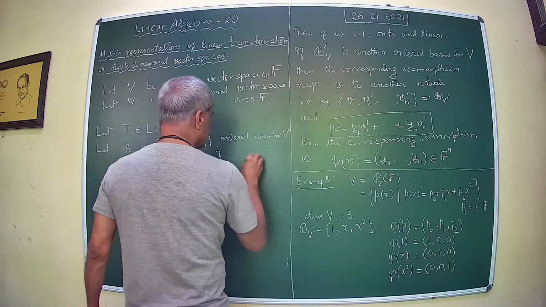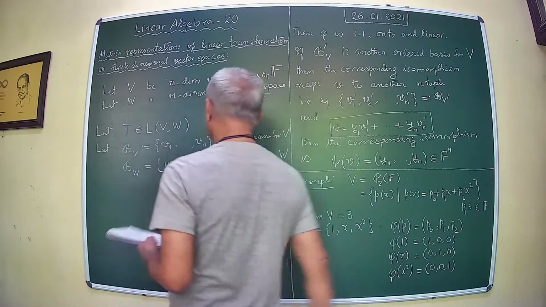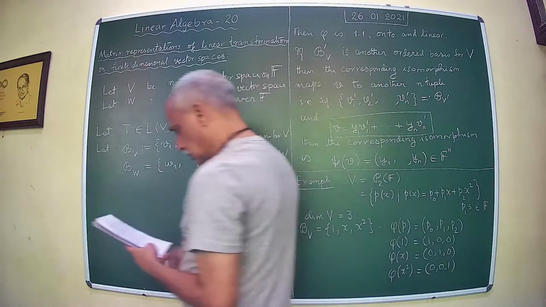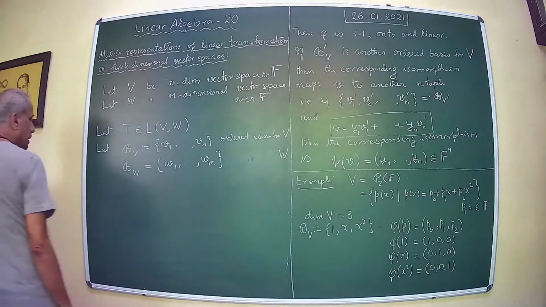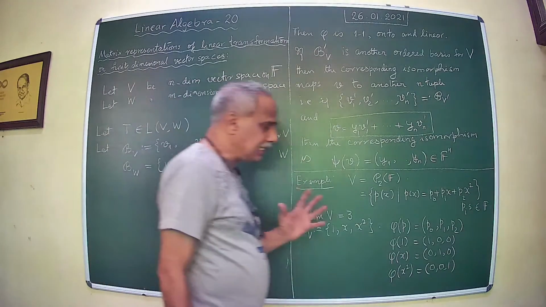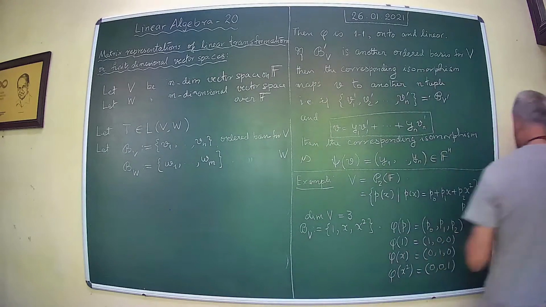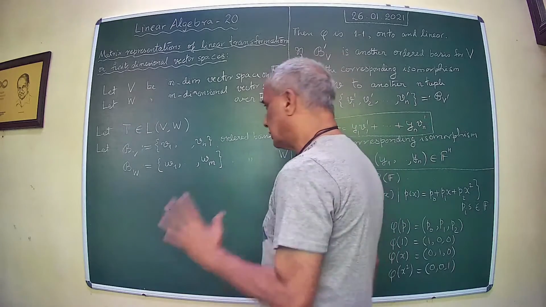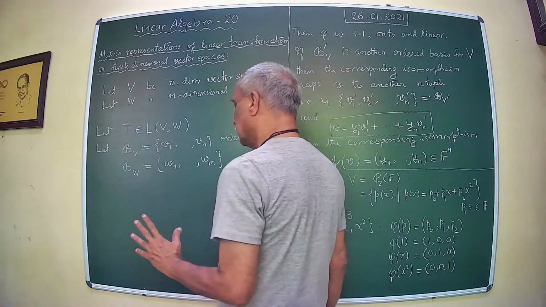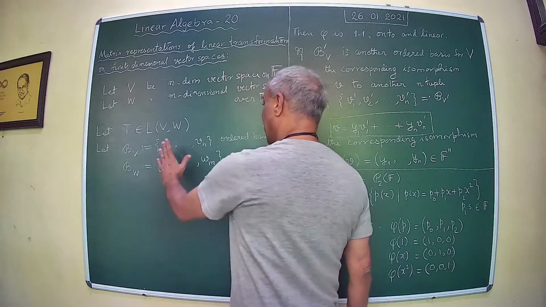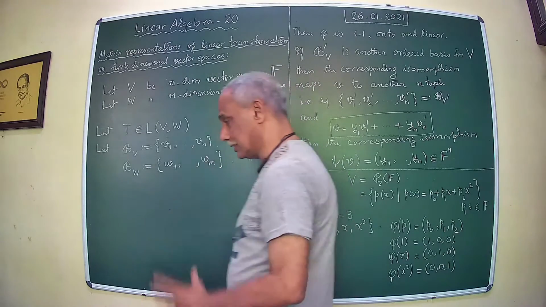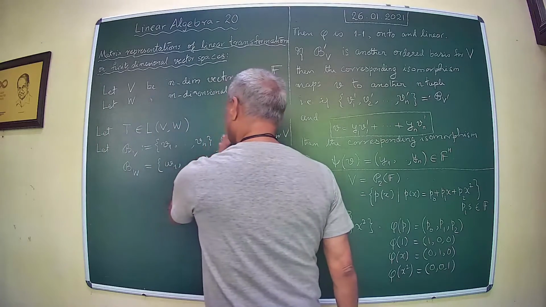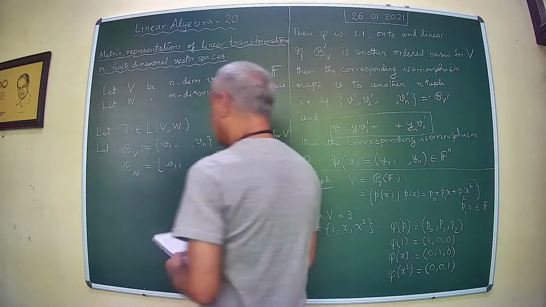Now you know that a linear transformation is completely defined if you prescribe the image of a basis under that linear transformation. All that we need is, we have already chosen a basis here. Therefore, let us do that.